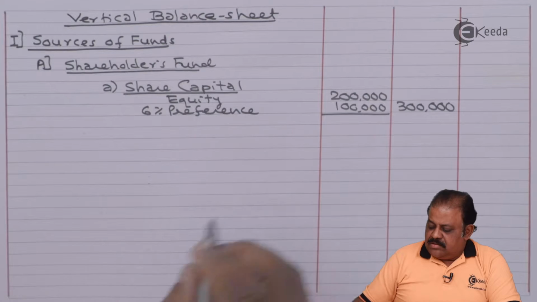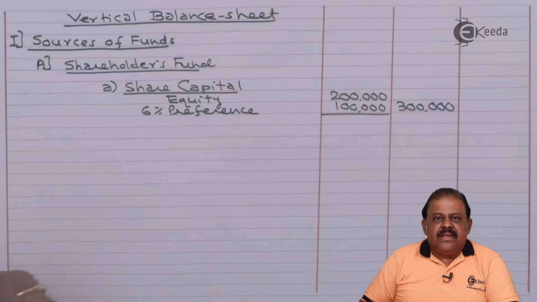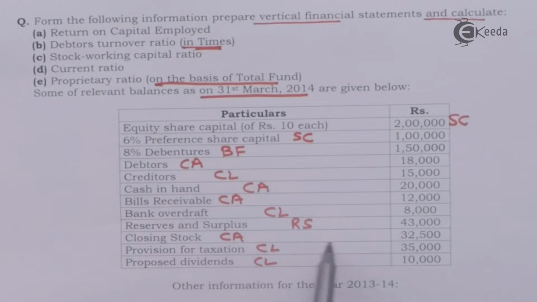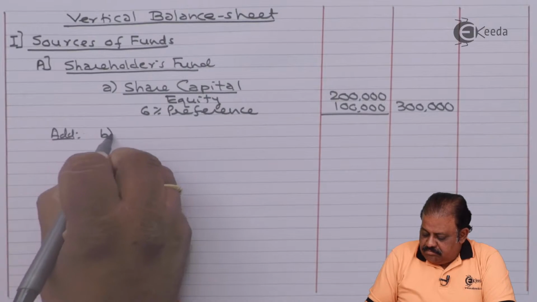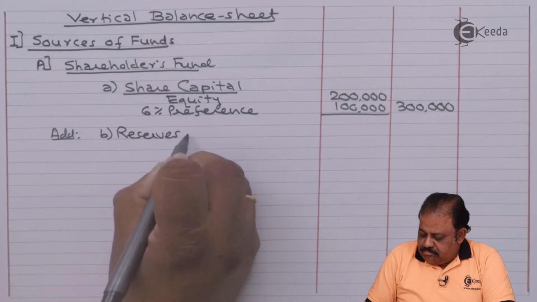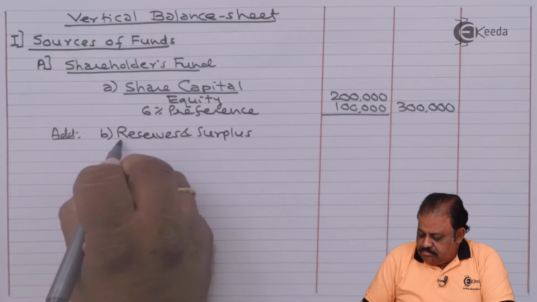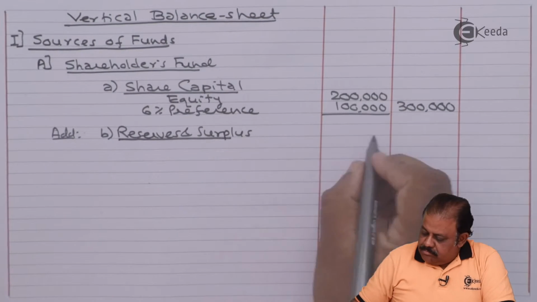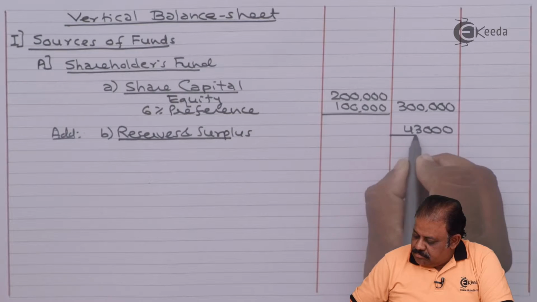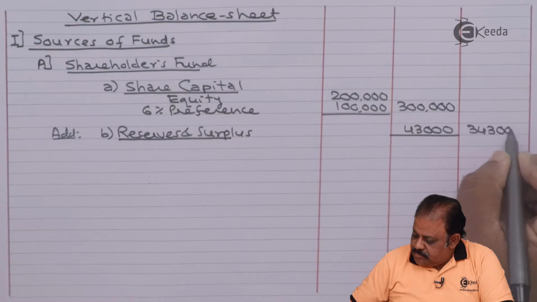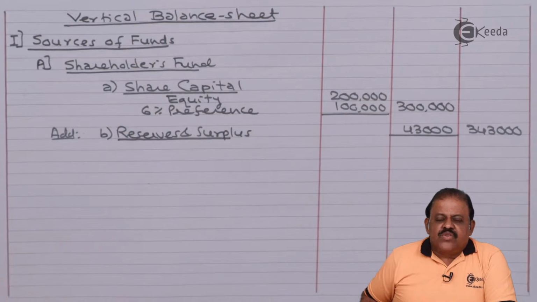Equity plus preference, total share capital 3 lakhs. We have to add reserves and surplus 43,000. So total shareholders fund 3,43,000.